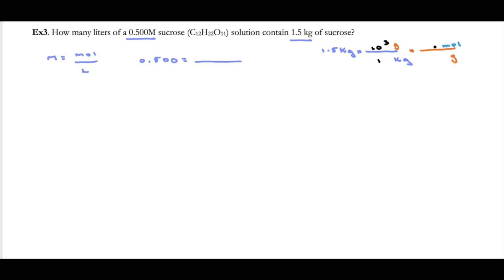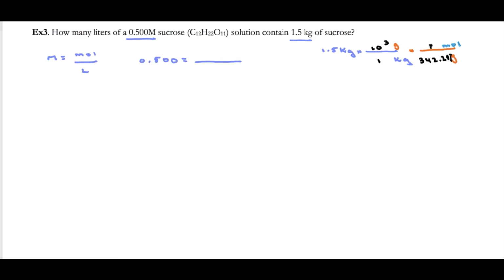Add to that the molar mass of hydrogen, 1.008 times 22. Add to that the molar mass of oxygen, 15.999 times 11. And I get, for the molar mass of sucrose, 342.297 grams for every 1 mole.